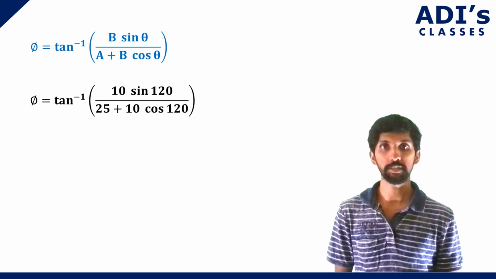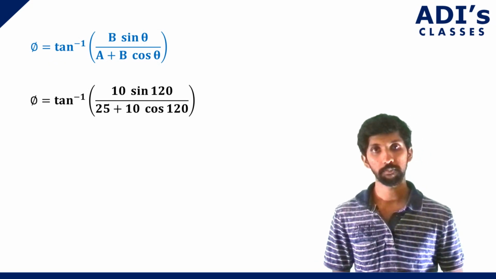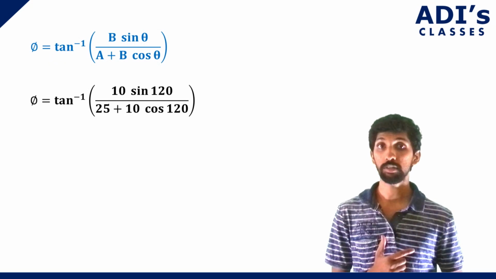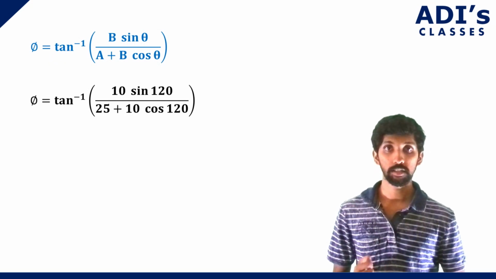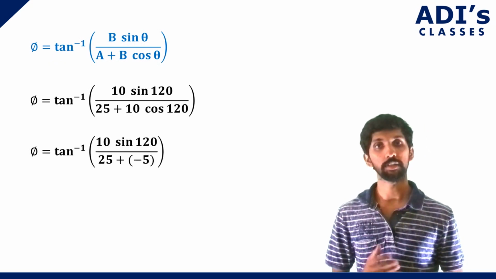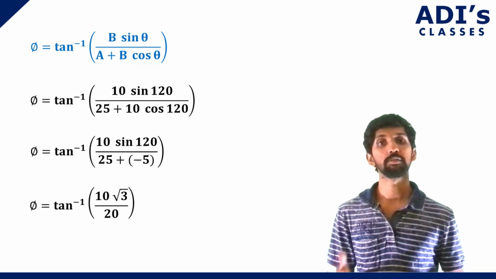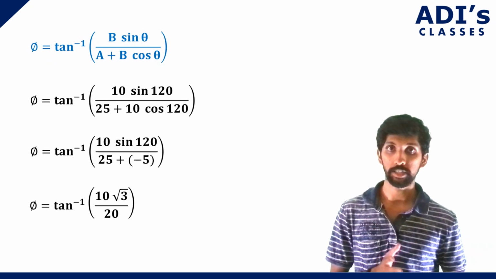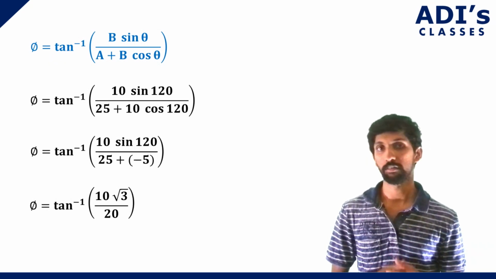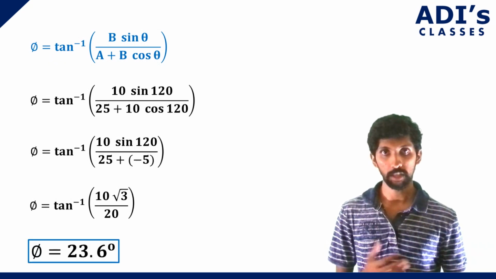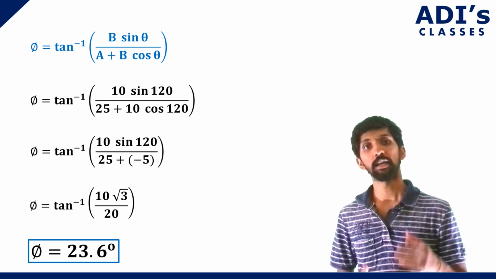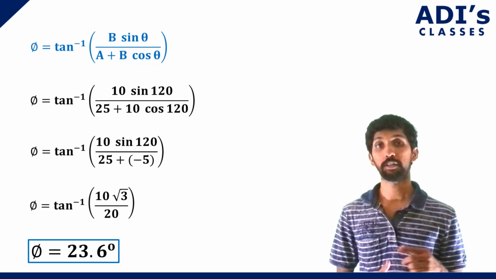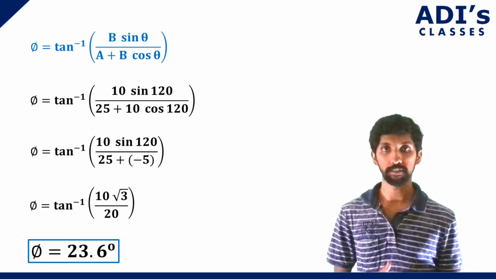Let's now substitute. B value is 10, correct, and theta value was 120. If you substitute that, you get 10 into sin 120 by 25 plus 10 into cos 120. Right? Now, if you simplify this, you'll get 10 root 3 by 2 over 21.8.